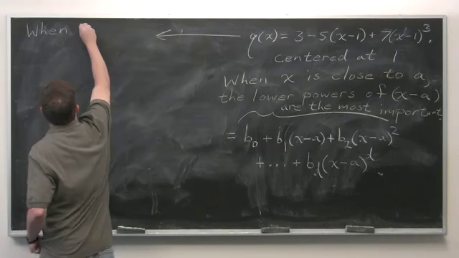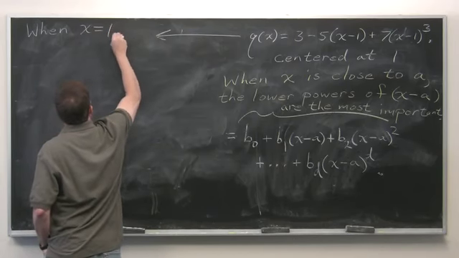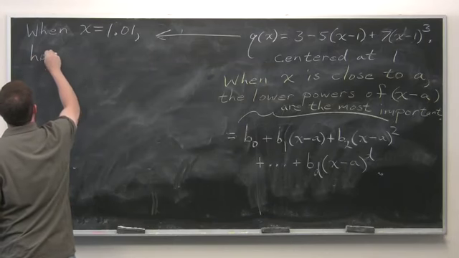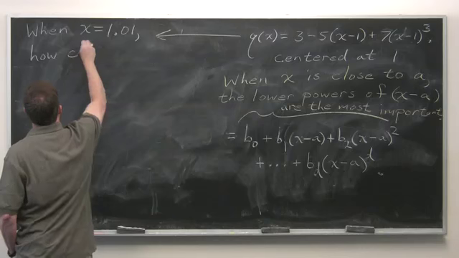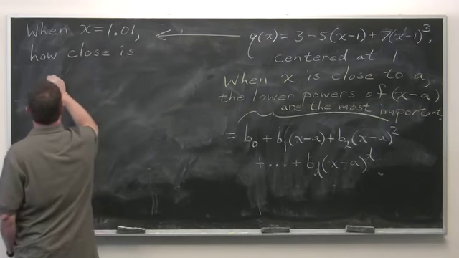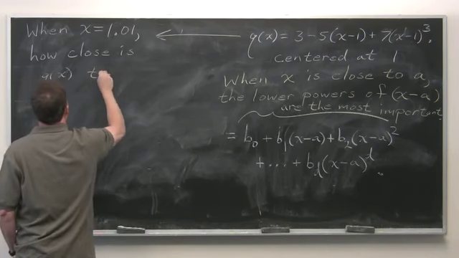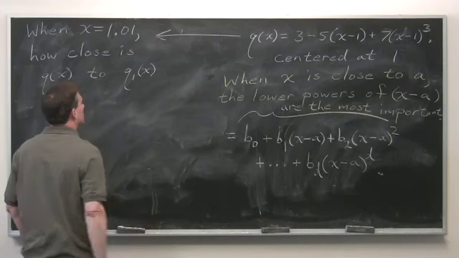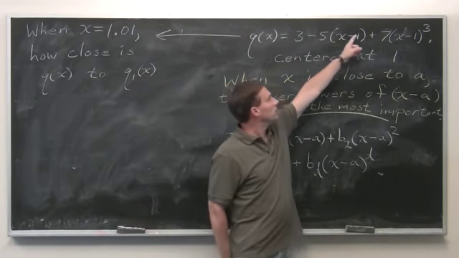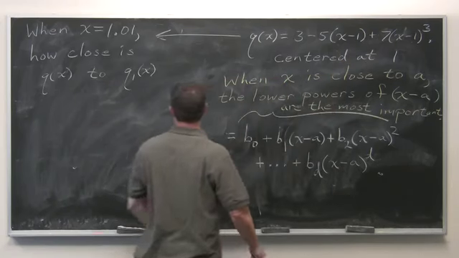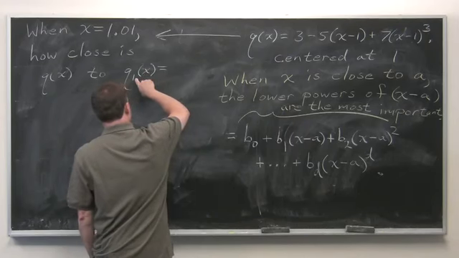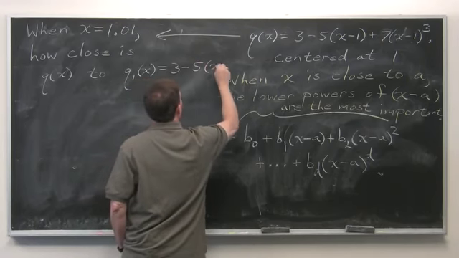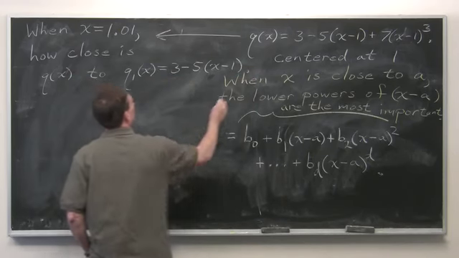So when x equals 1.01, so that's close to 1, how close is q of x to, let's take q sub 1 of x, the first order partial sum, so we go up to the power of x minus 1 to the 1. This just means we go up to the power of x minus a to the 1. So 3 minus 5 times x minus 1. So there's our question.